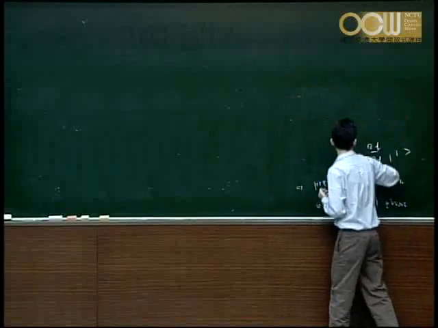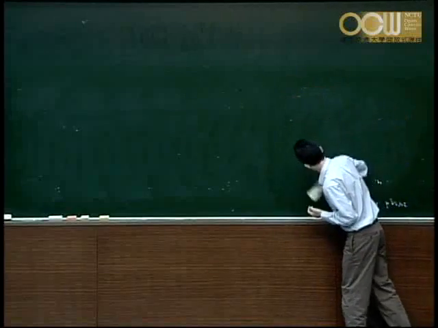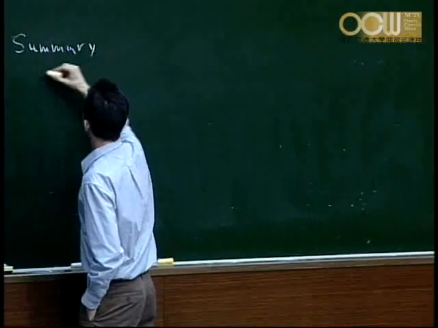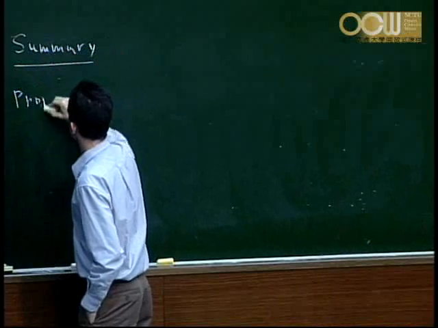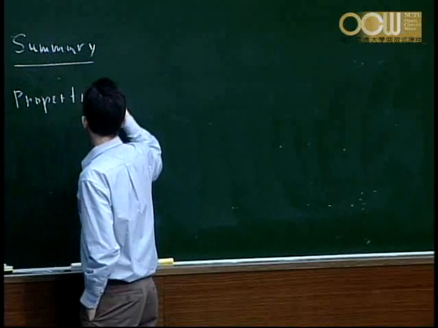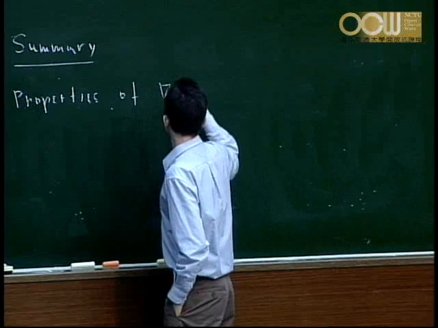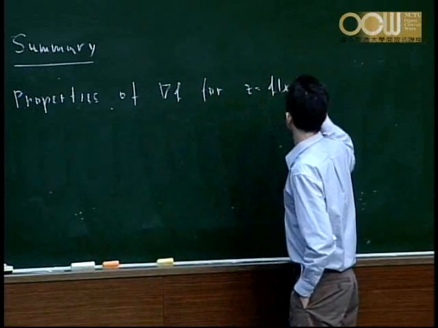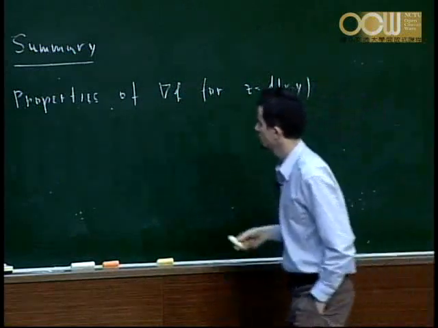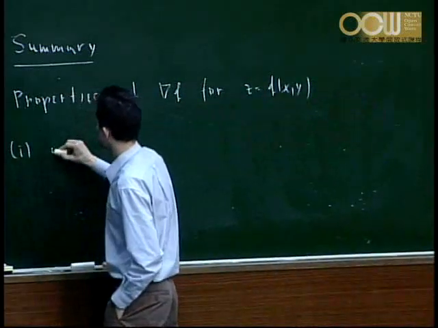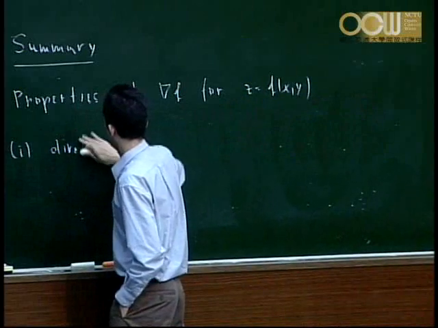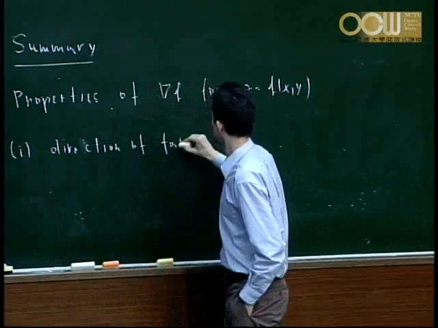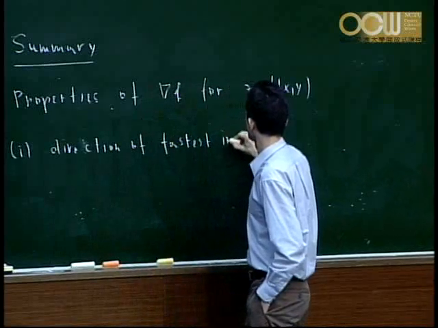So let's return to the plane, and let's summarize. Properties of the gradient of f for a function of two variables. First, direction of fastest increase.